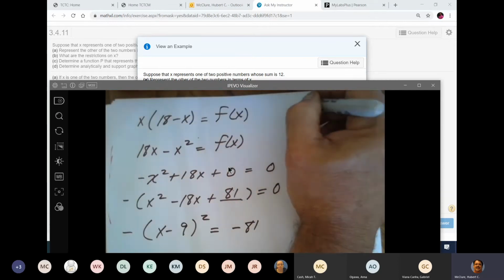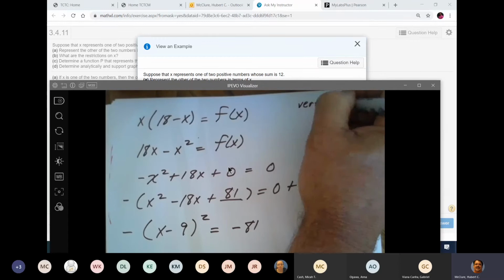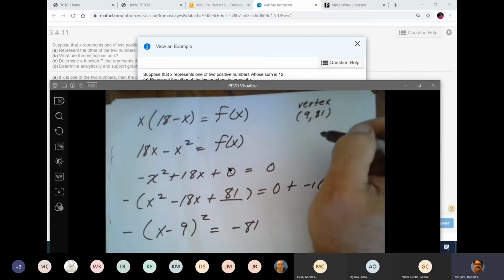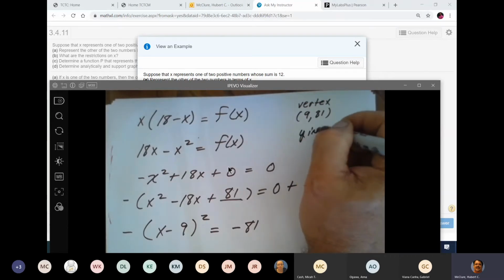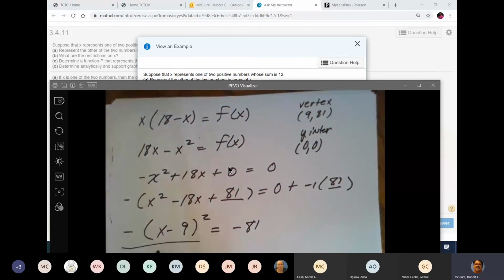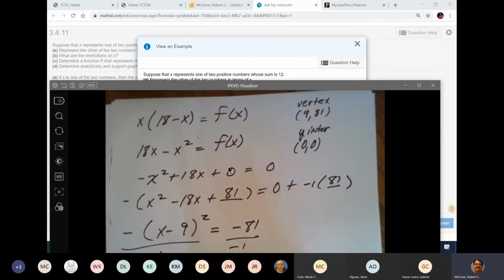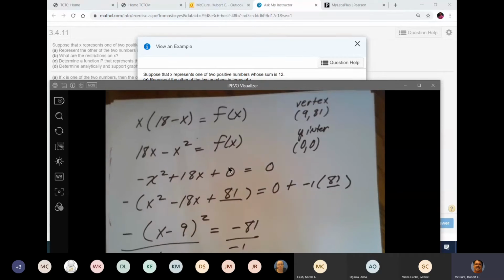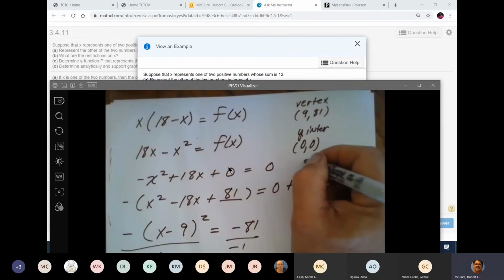So our vertex is 9, 81. We've got a y-intercept of 0, 0. And our x-intercepts: divide by negative 1, x minus 9 quantity squared is equal to positive 81, take the square root.